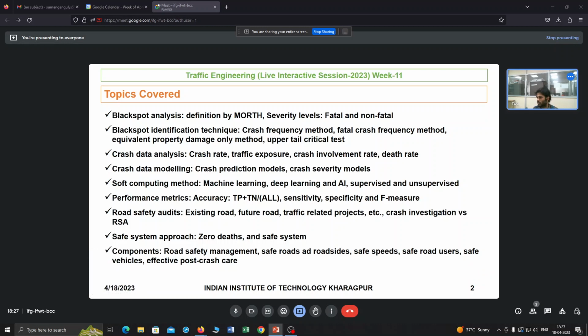So the next is how to use different computing methods to model the crashes and the crash severity. Nowadays, people are using not only Poisson, probit and logit models, but the latest trend is to use data. We are getting data for more than 3 years.